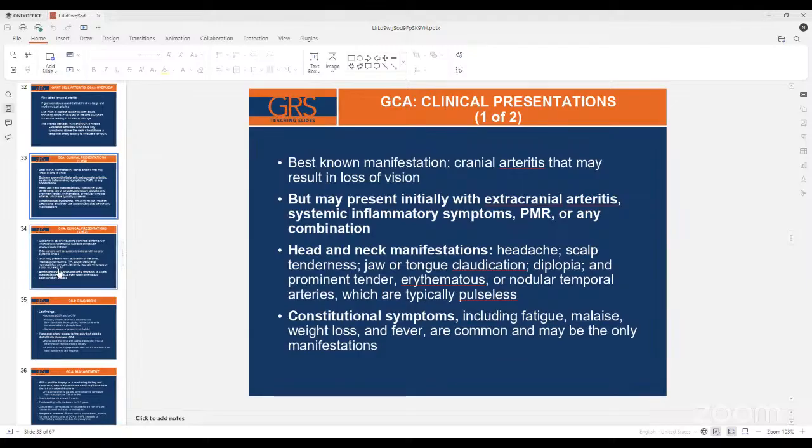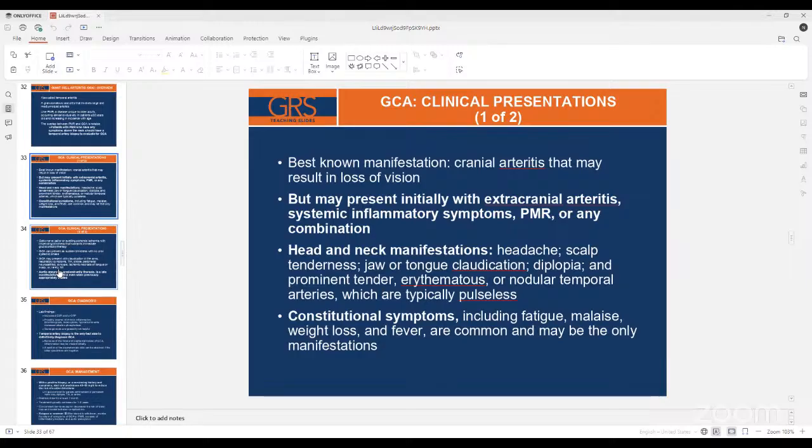But giant cell arteritis may present initially with extracranial arteritis, systemic inflammatory symptoms, PMR, or any combination. The head and neck manifestations are headache, scalp tenderness, jaw and tongue claudication, diplopia, and a prominent, tender temporal artery.